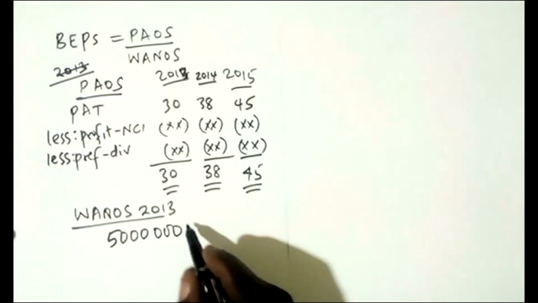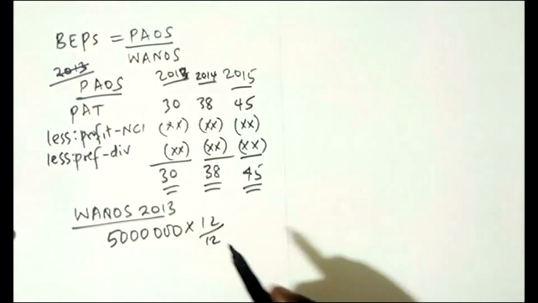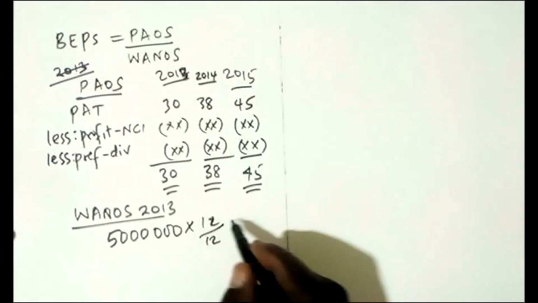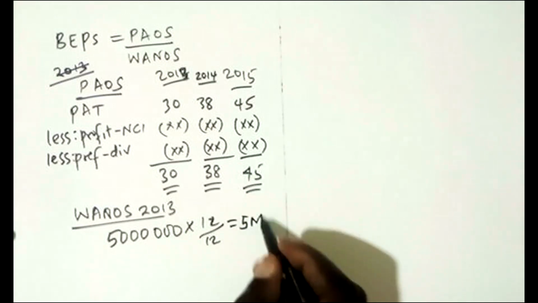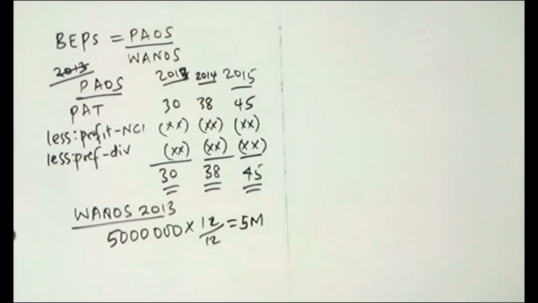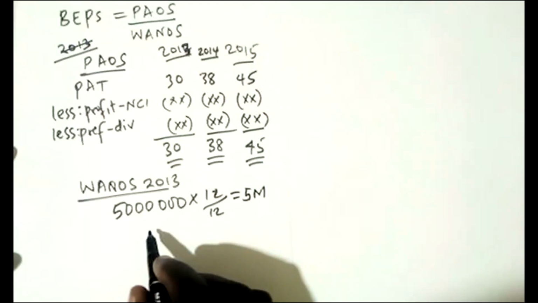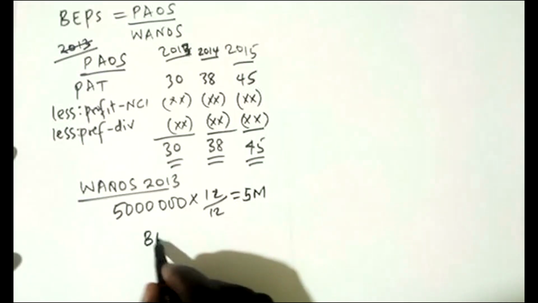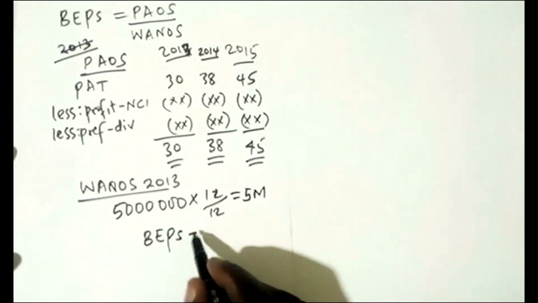So if you take 5 million and weigh it for the entire year, it just remains 5 million. So once it remains 5 million, you are able to get your basic EPS for 2013.